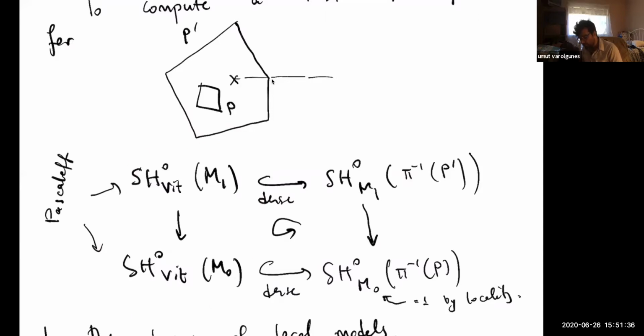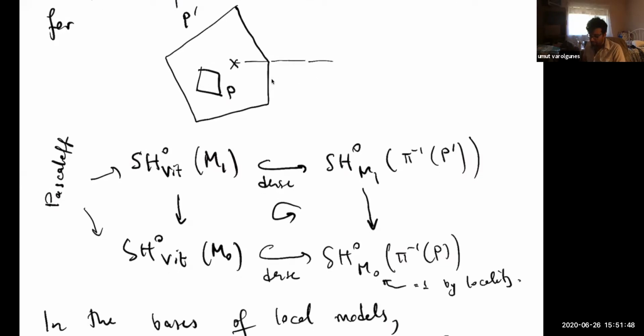The groups themselves are computed by Pascaleff, and I think the restriction map can also be computed. But then what you want to do is deduce the restriction map for the invariant SH0 of compact sets from this by certain completions.